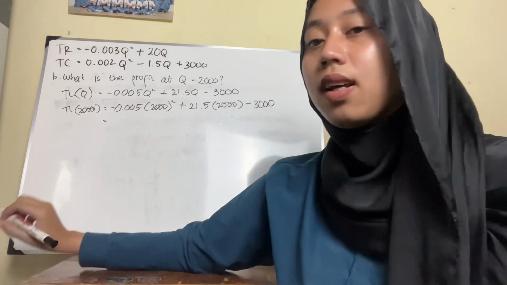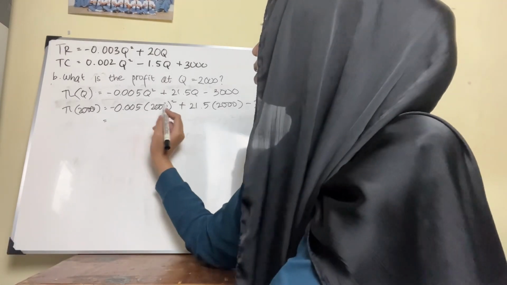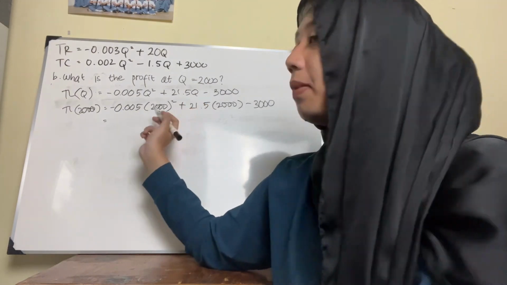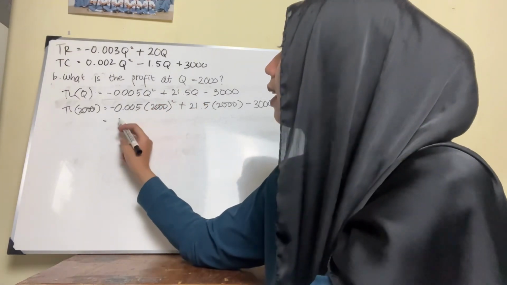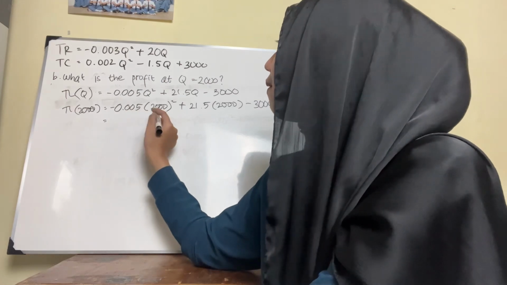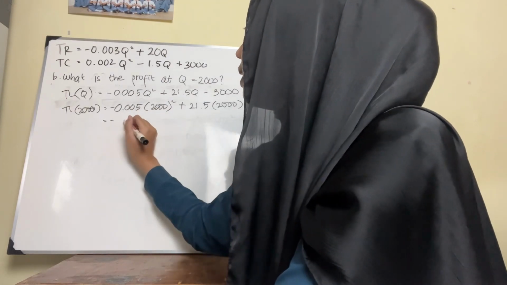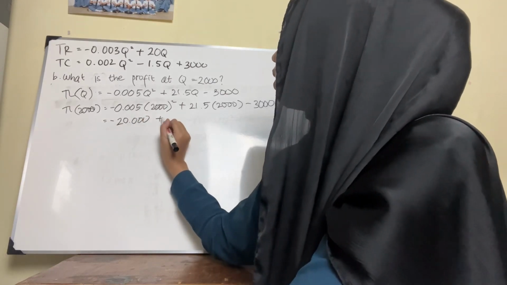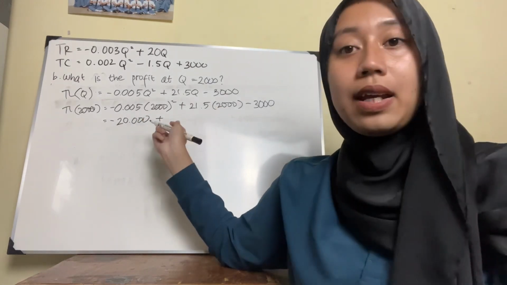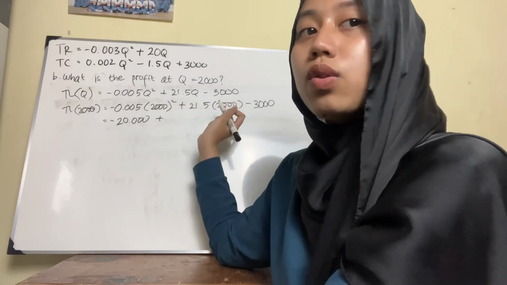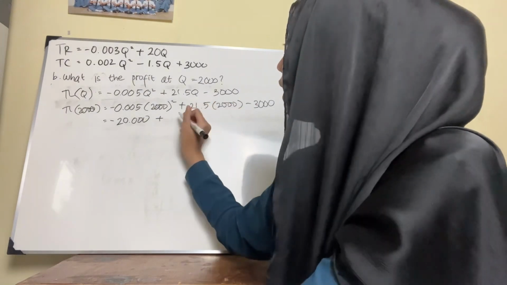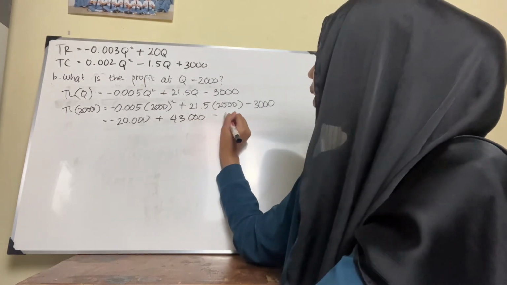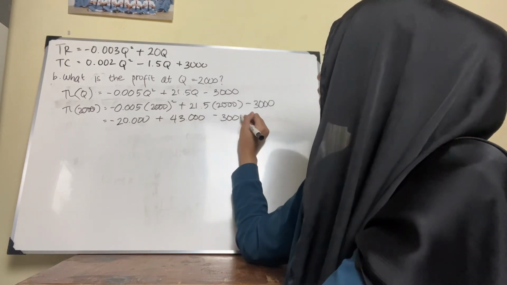We calculate the function. 2,000 squared is 4 million. So 4 million times 0.005 is minus 20,000, and 21.5 times 2,000 is 43,000, minus 3,000.